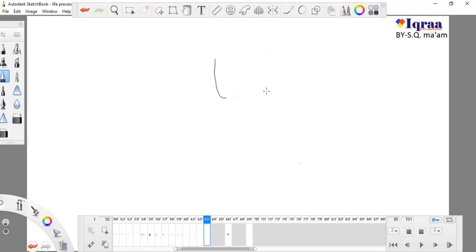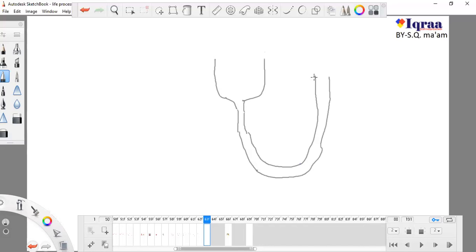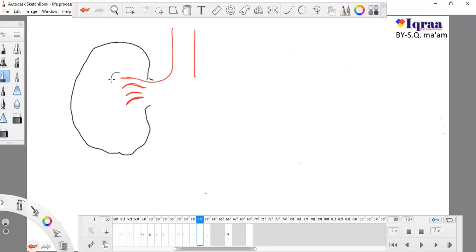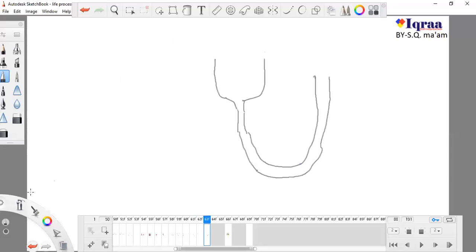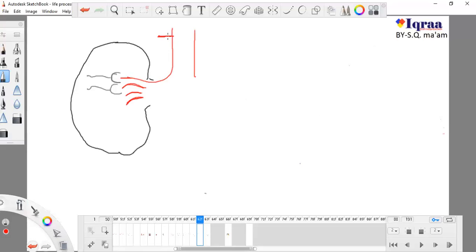These very specific pipes which are present in our kidney are known as nephrons. Okay, so this is a nephron and it is present in our kidney. I'm drawing a nephron here. So many nephrons.